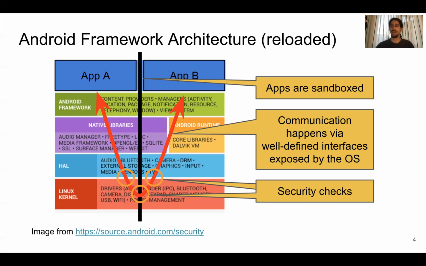There is sometimes a confusion: applications A and B are sandboxed, and some people, including Android developers in the past, put security checks, for example, in the Android framework layer. But the Android framework layer still belongs to the security boundary of application A. So the fact that you have a security check in the Android framework doesn't mean it's a good security check, because if the application can just call directly what's below the security check, then the security check is bypassed.